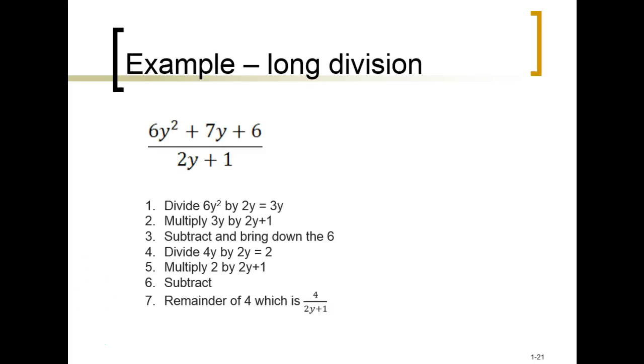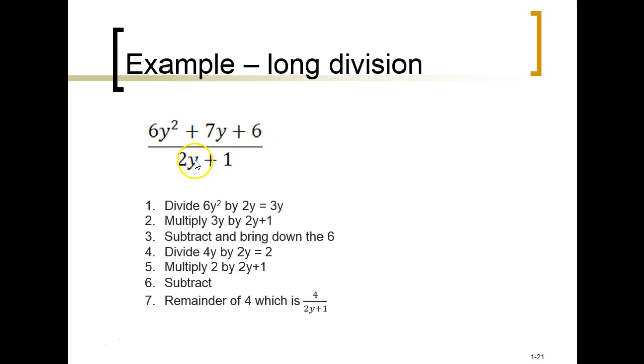Okay, so here I have my long division. It is a polynomial divided by another polynomial. And notice that I have arranged the terms in descending order of powers. So y squared is the highest power down to y to the 1 and y to the 0 essentially, right?